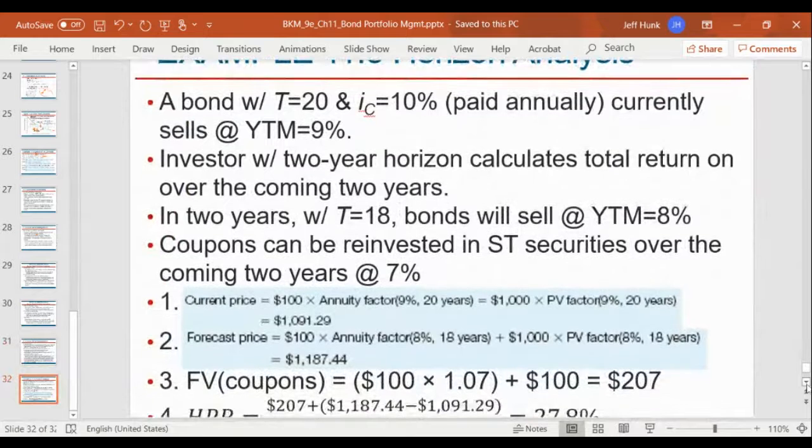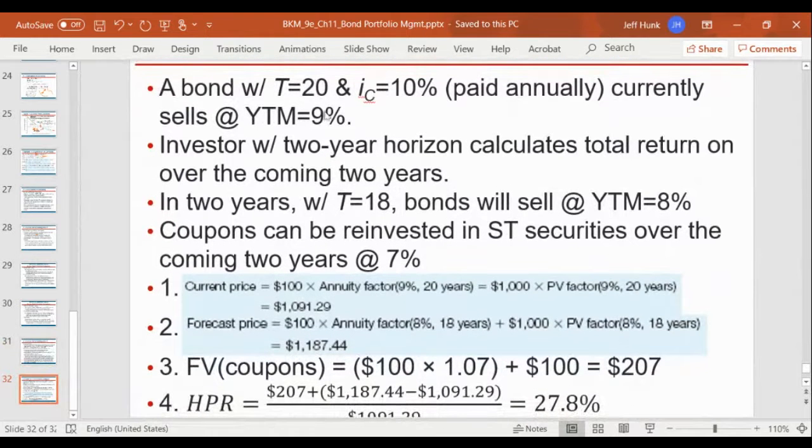And here's the example of a horizon analysis. A bond with 20 years to maturity and a coupon rate of 10% paid annually currently sells at a yield to maturity of 9%. From this, we can already tell this is going to be a premium bond, of course, because the coupon rate is better than the market average yield.